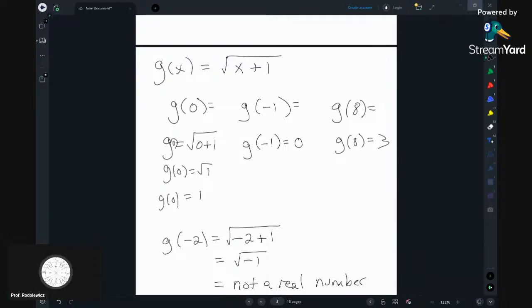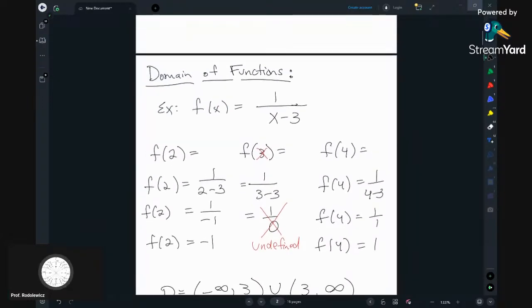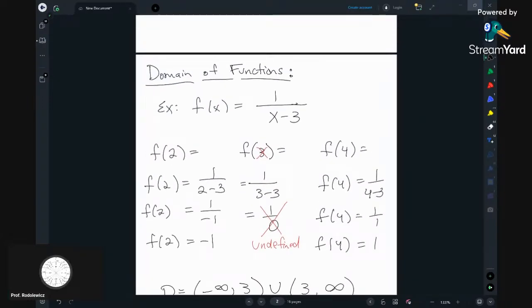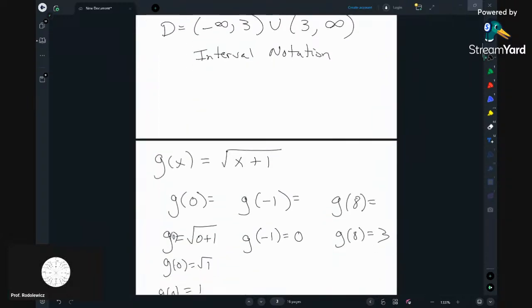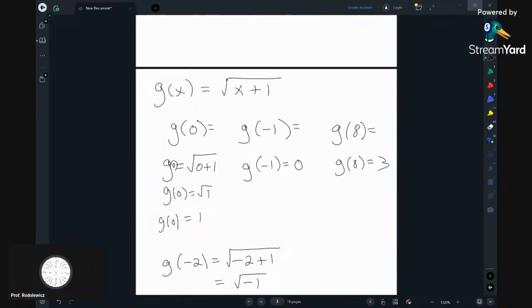Right. So the way to think about that is, what makes this 0? We should be able to look at this and say, what makes this 0? 3. So that needs to be excluded. Now I'm going to look at this and say, what makes this 0? -1. Not a problem. We're not excluding you. But if I go -2, now I have an issue, or -3.